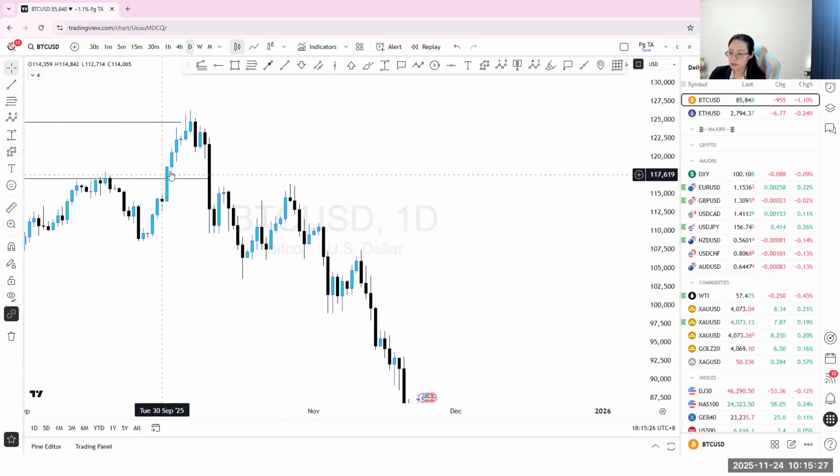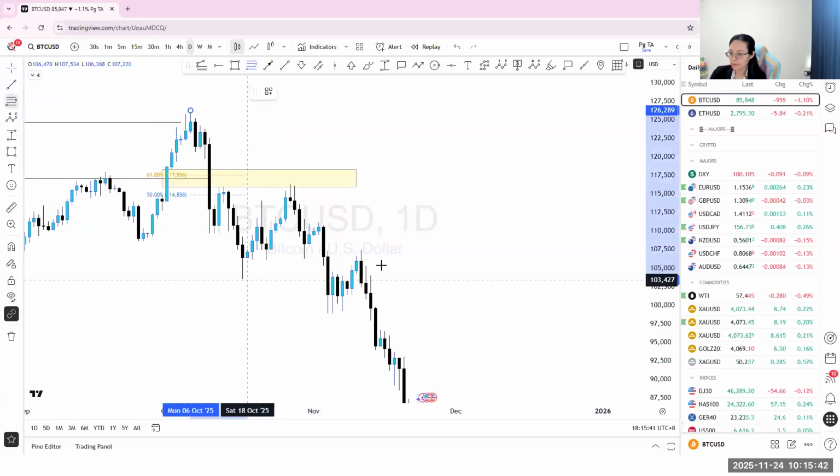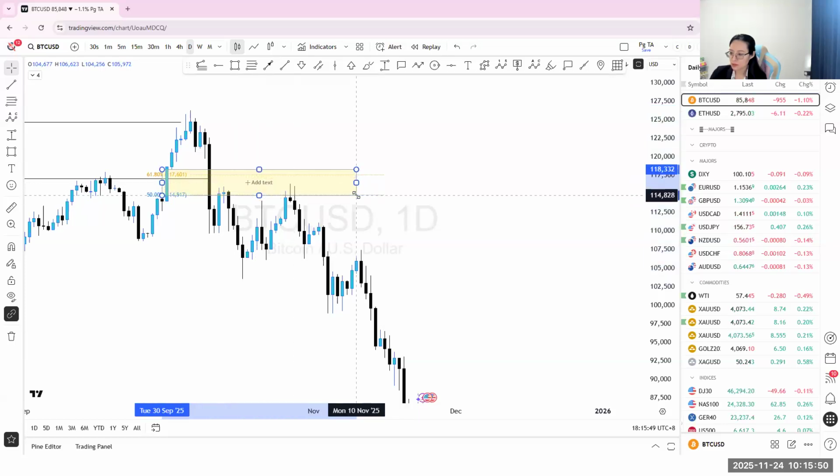If you trade with FVG and your FVG is not working, this is going to be your inverted FVG. Private this level, and then you sell. I put from this swing low to this swing high. You can see above 50, the zone would be 50 to 61, and then you sell.